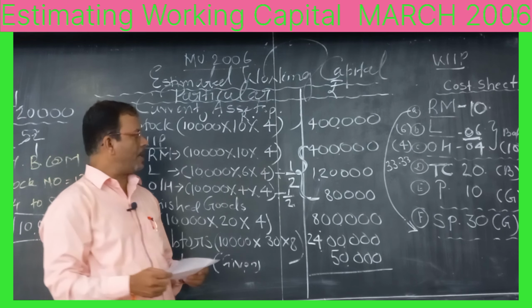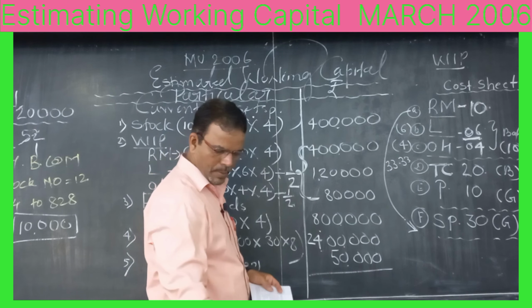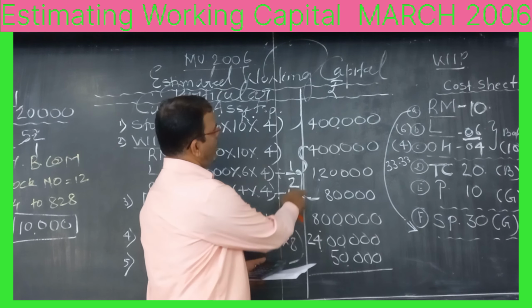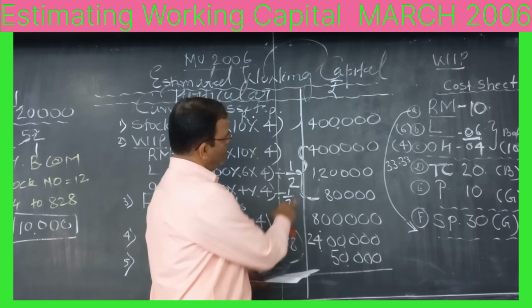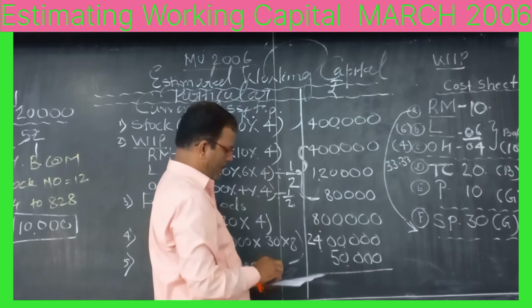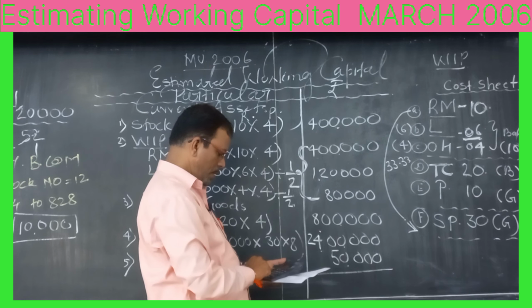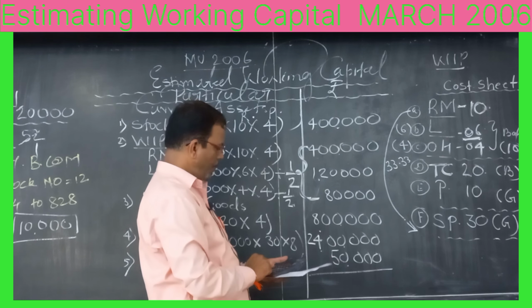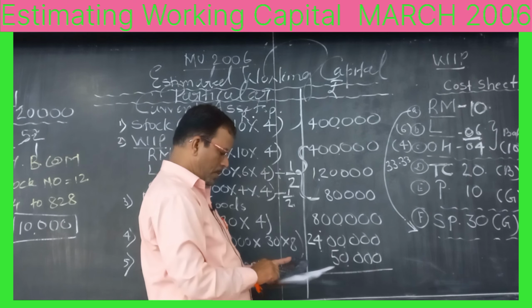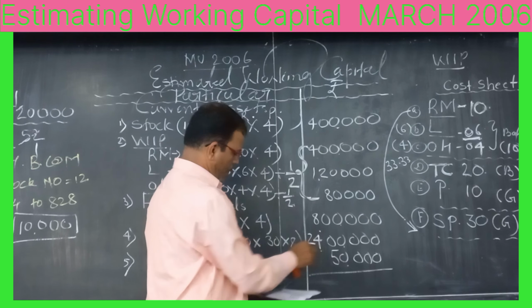We will total all the current assets. 4 lakhs plus 4 lakhs, 8 lakhs. 8 lakhs plus 1 lakh 20, this 2 lakhs, so 10 lakhs. 10 lakhs plus this 18 lakhs, plus 24 lakhs, 42 lakhs, plus 50,000.